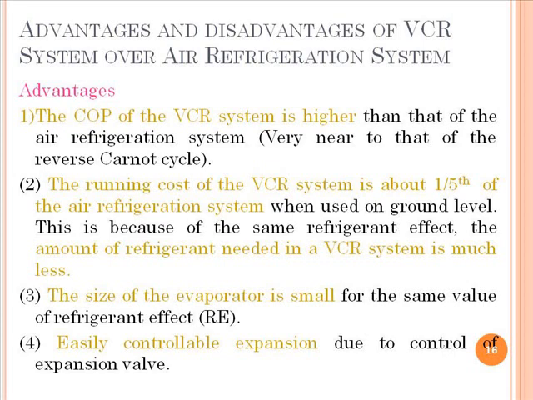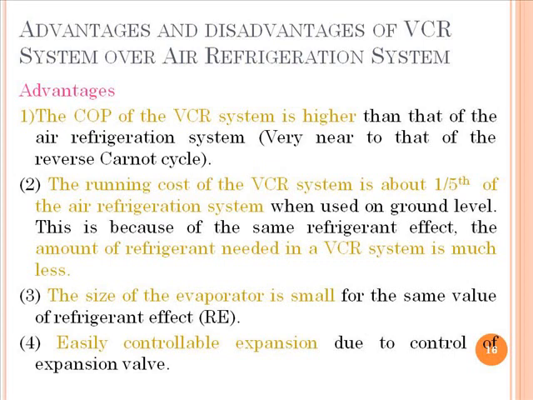Now we will discuss the advantages and disadvantages of the VCR cycle over the air refrigeration system. First, the advantages. The COP of the VCR cycle is higher. Running cost is very low compared to the air refrigeration cycle. The size of the evaporator required in the VCR cycle is very small compared to the air refrigeration system for the same value of RE.